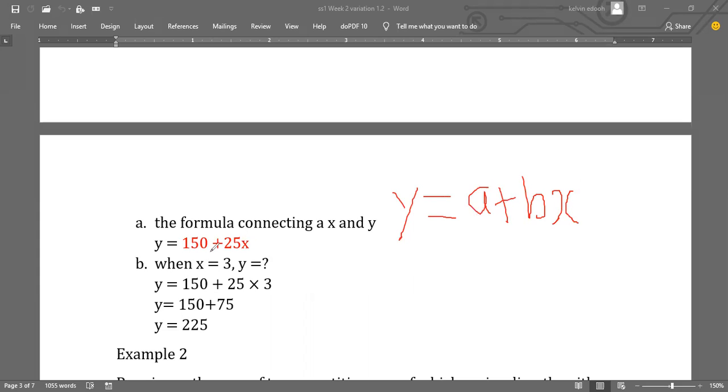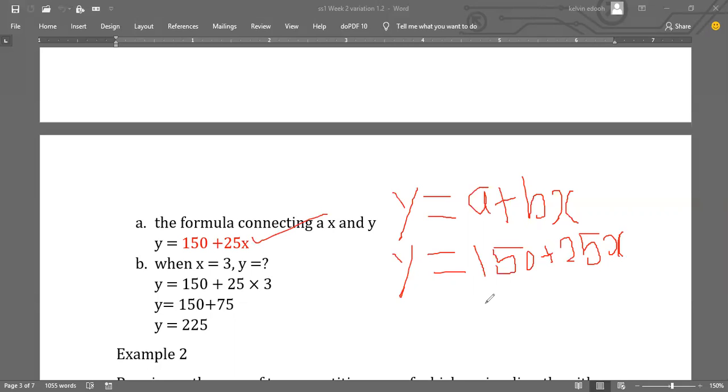So that means you're going to have y equals 150 plus our b, which is 25, 25x. And that is it. Look at it here. So that is this first statement, and that's the answer to that.